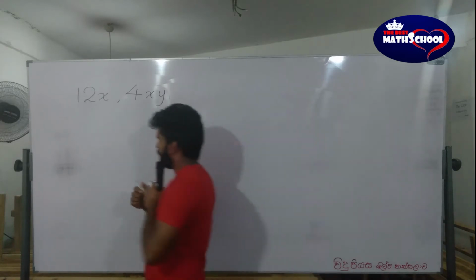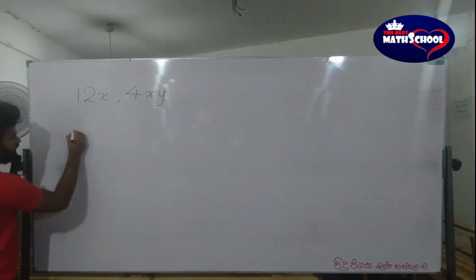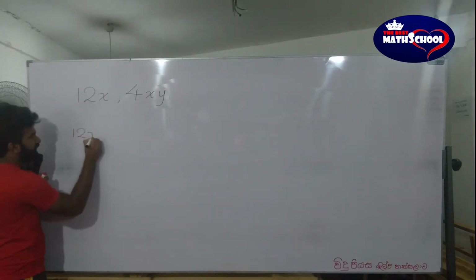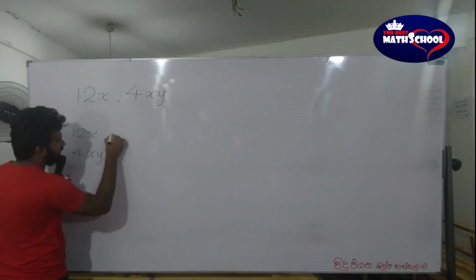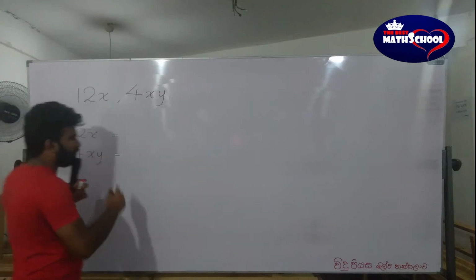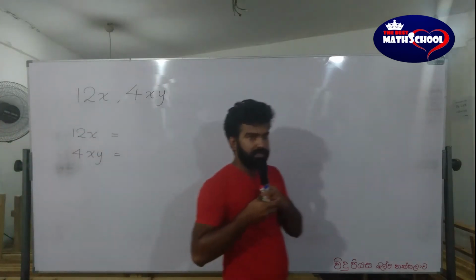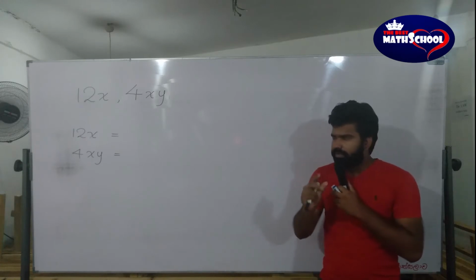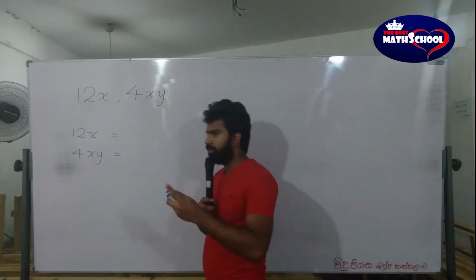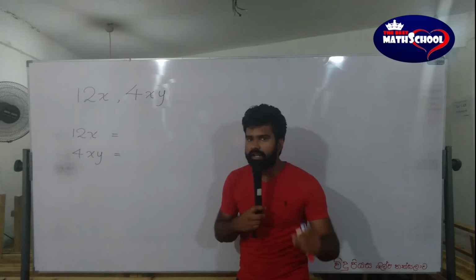Simply like the previous thing, take 12x and take 4xy, and now we should write 12x and 4xy using the prime factors, right? The only difference is the previous sum we had only numbers.